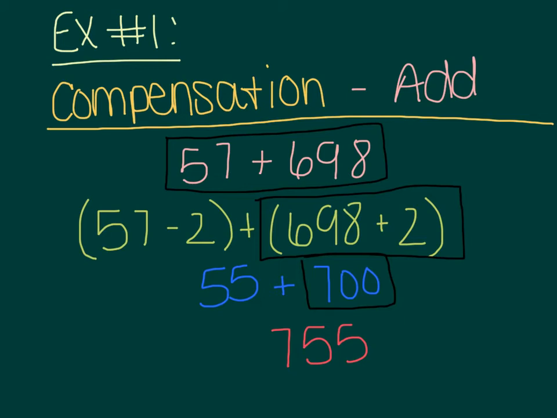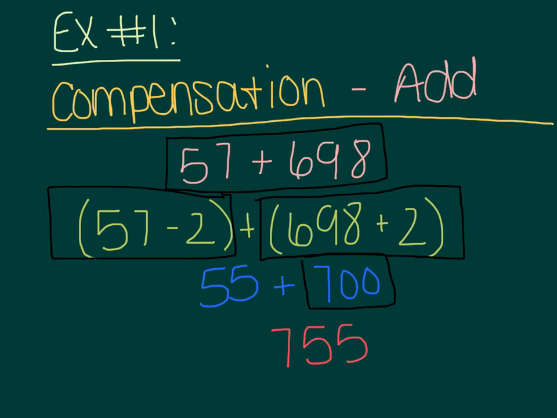So since we added 2 to that number, we have to subtract 2 from our other number in order to make sure that our answer is correct. Because if we just added 2, then our answer would be 2 more than it should be. So then we subtract 57 minus 2 to make up for that extra 2 that we already added.